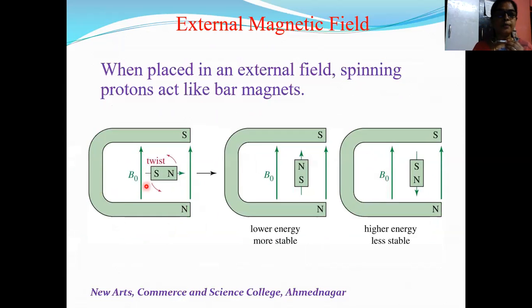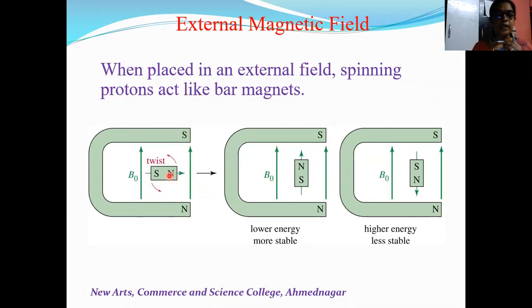Now, once a magnet is placed in contact with another strong magnet, different things can happen. Let us consider this as a very strong external magnet, and this as a very small, tiny bar magnet.